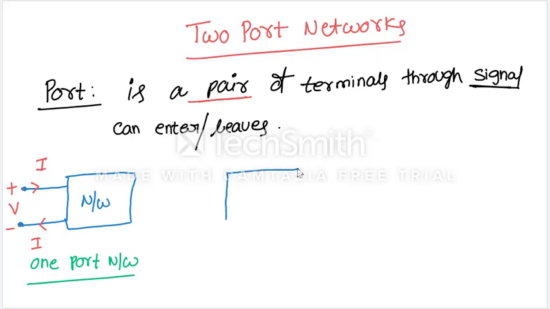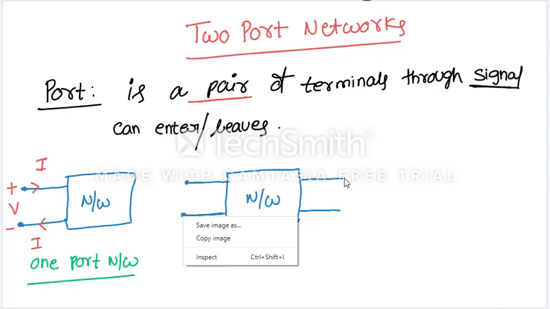Consider we have a network like this. For this network, let us consider we have terminals like this. Now here this is one pair and this is another pair, isn't it?